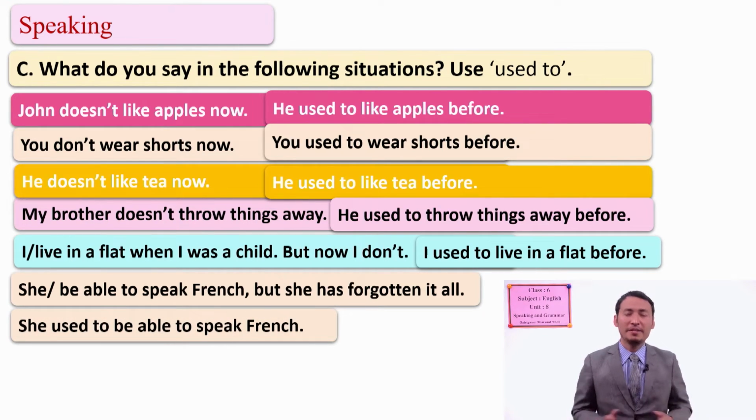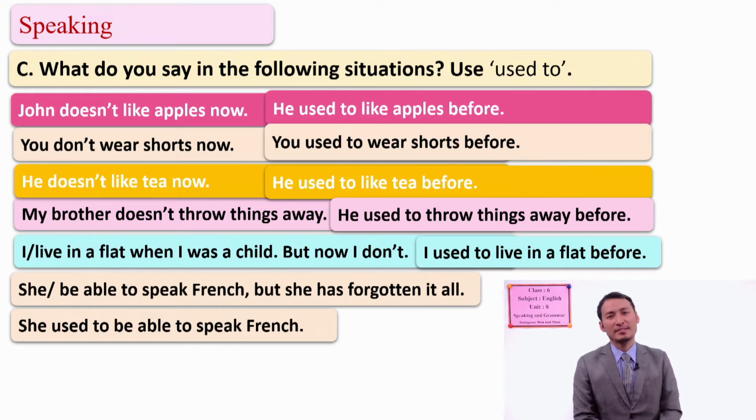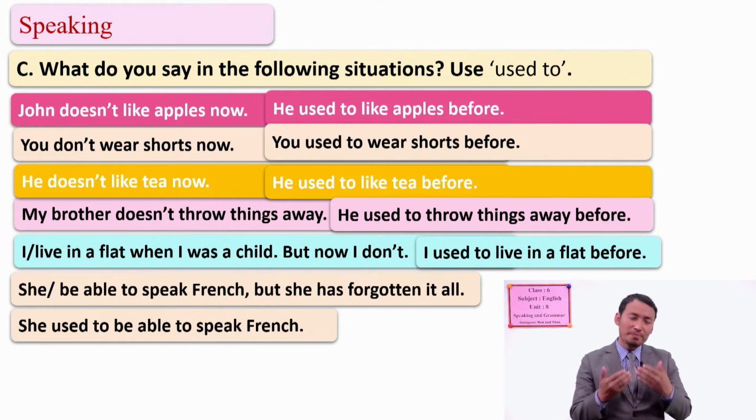Now she doesn't because she has forgotten. Did you get it, students? So can you now talk about such sentences? You can comment about past habits by looking at the present situation, right?